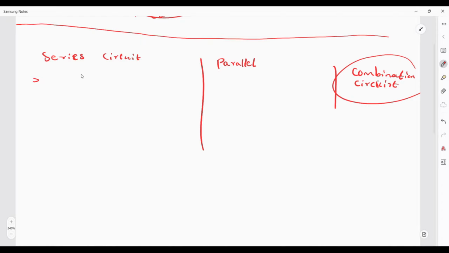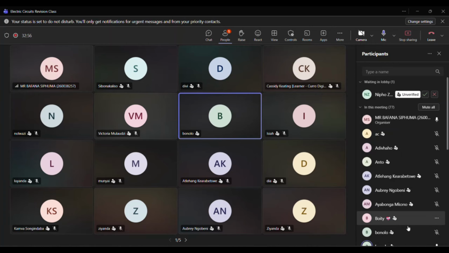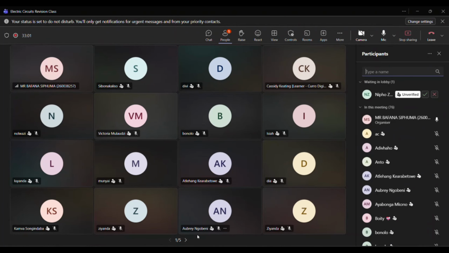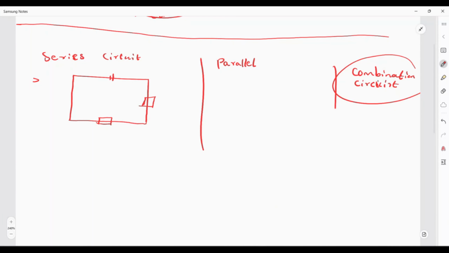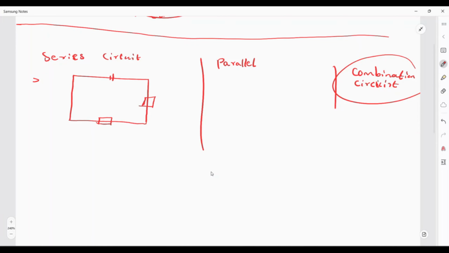In a series circuit, you will find that it is a circuit whereby the current remain the same throughout. Okay, just like that. And then let's say we have a battery over there, and then in that battery, we are going to be releasing the current.